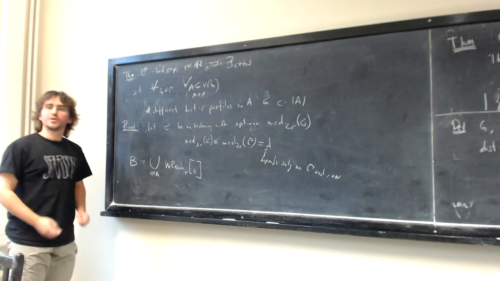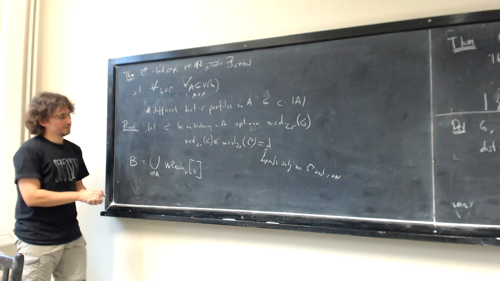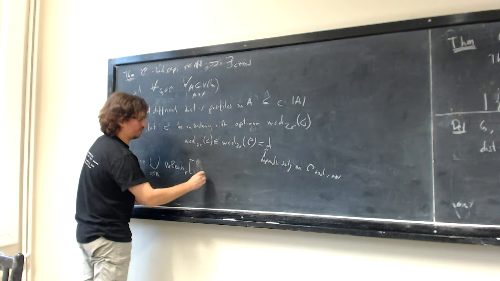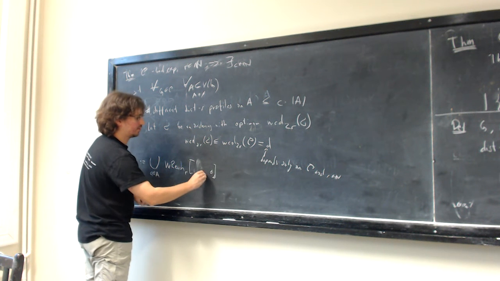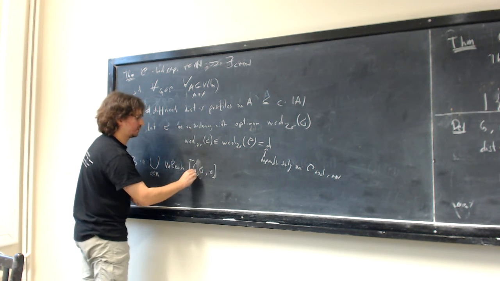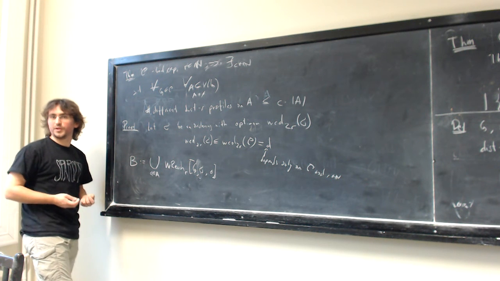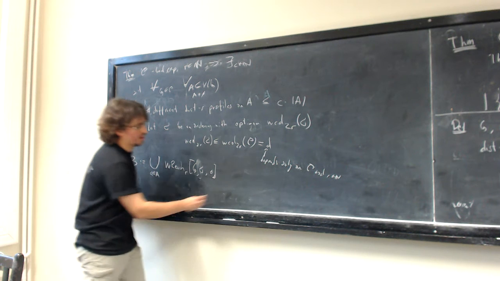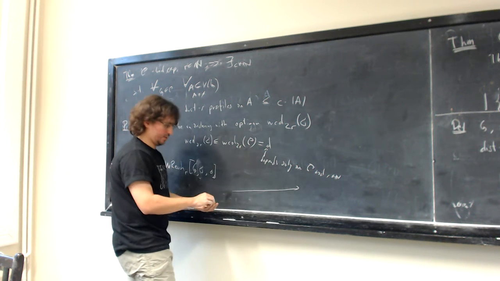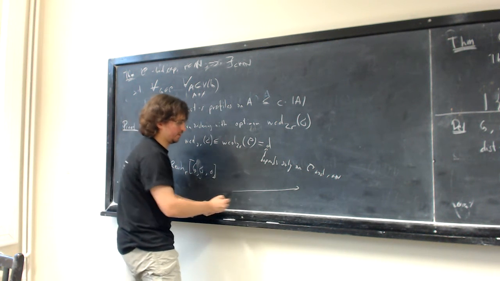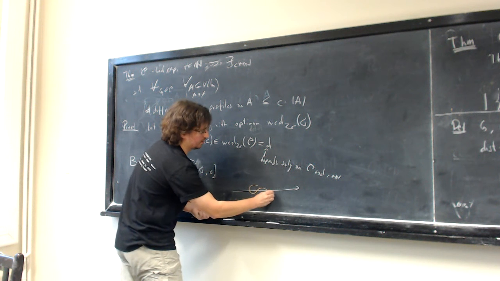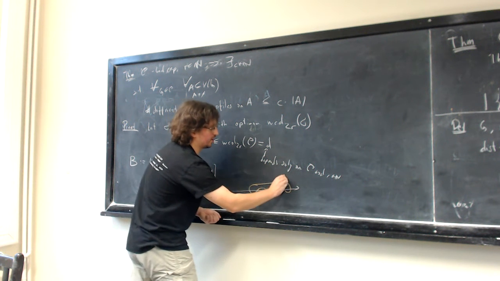Yeah? So I take every vertex from A, and I include its whole weak reachability set at distance R. How it looks on the picture is that here I've got my set A, somehow scattered here.